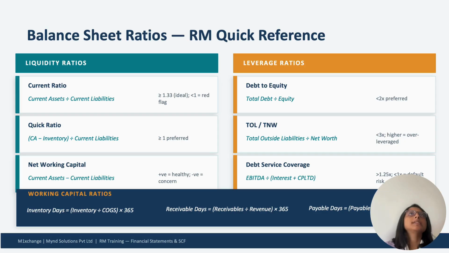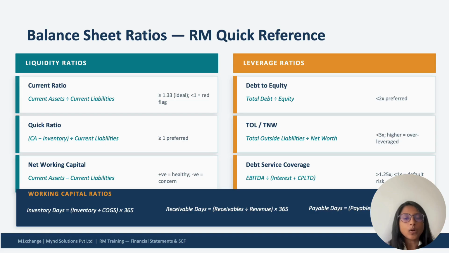So say my receivable days is 60 days, then after selling the goods for 60 days, I have not received any cash from the client, from the buyer, right? Then what are my payable days? Payable days are payables divided by COGS into 365. It again tells me for how many days I haven't paid my vendors or suppliers.